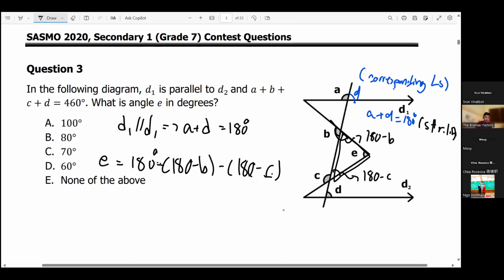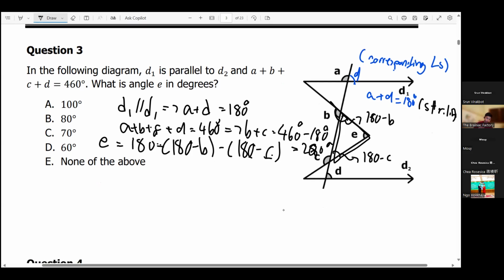But from the problem, they stated that A plus B plus C plus D is equal to 460. So we got that A plus D equals to 180. So we can find angle B plus angle C equals to 460 minus 180, which is 280.